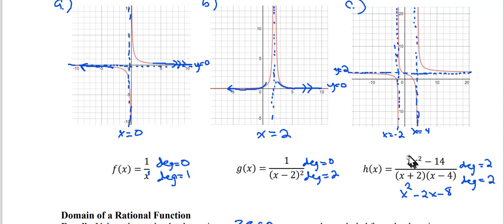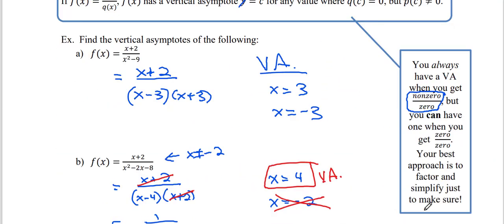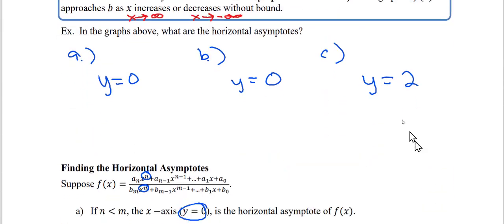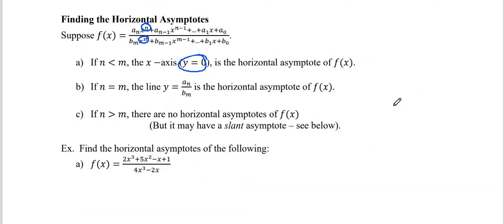My leading coefficient in the numerator is 2. Down here it's 1. So my asymptote is 2 over 1. And that's what we got. Y equals 2. That's what this is saying. A sub n over b sub n is looking at this ratio of these leading coefficients.